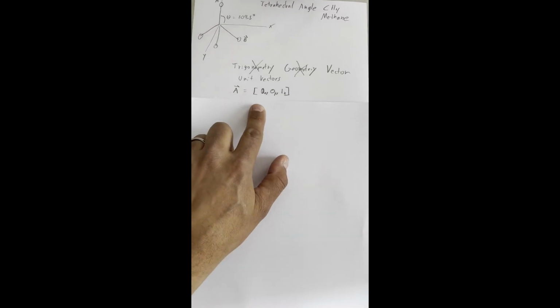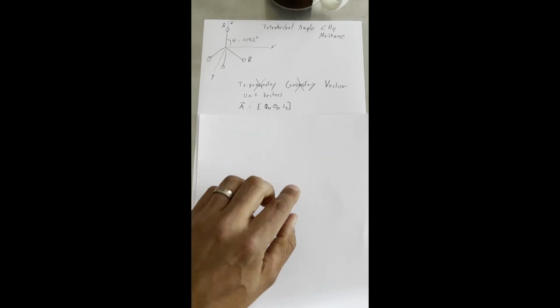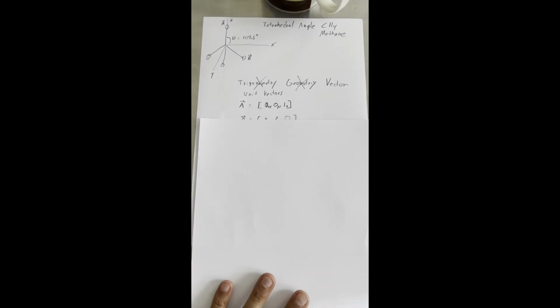So let's create our first vector. A is up here, which has no components in the x and y and something in the z. So this is going to be 0, 0, 1. That's pretty easy. The B one, well, it's a little bit more complicated.